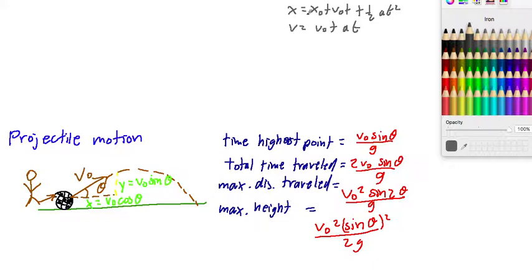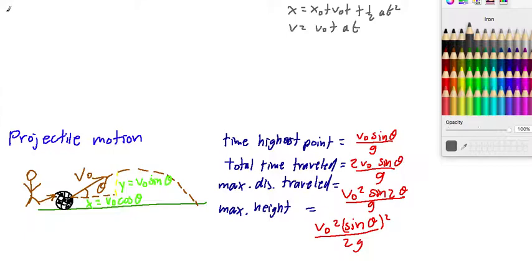Those are the two we're mostly going to use in this video to prove these equations. So now for the time to the highest point, we have two options. We can use x, but we don't know the distance. That's a different problem. So we're probably going to use the second one. So let's go ahead and use that for our first derivation.